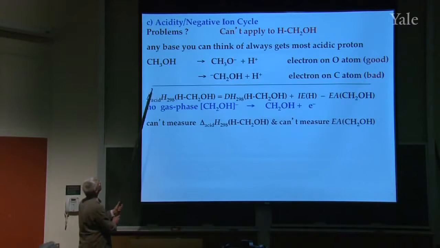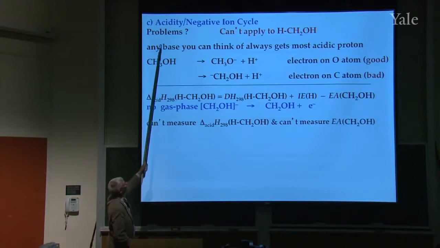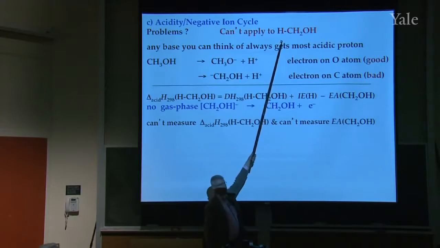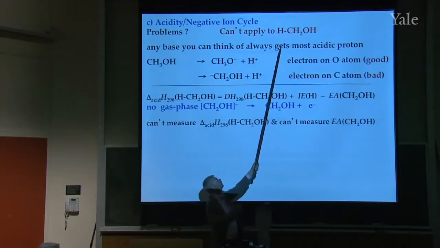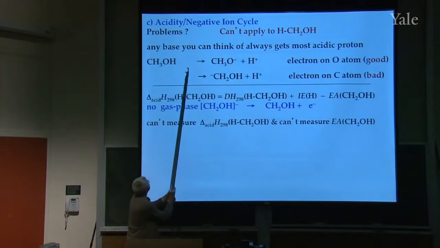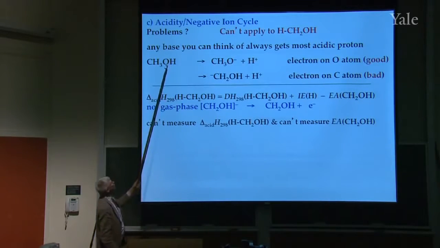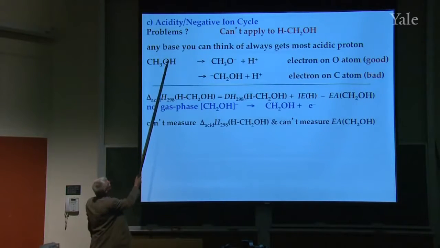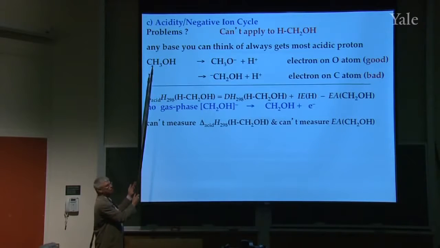So for example, problems you can have. I just showed you how to measure the OH bond. Suppose you want to measure the CH bond. Well, this will never work, because the negative ion cycle will never work. Why? Because when you apply any base to this, the base is always going to take off the most acidic proton.